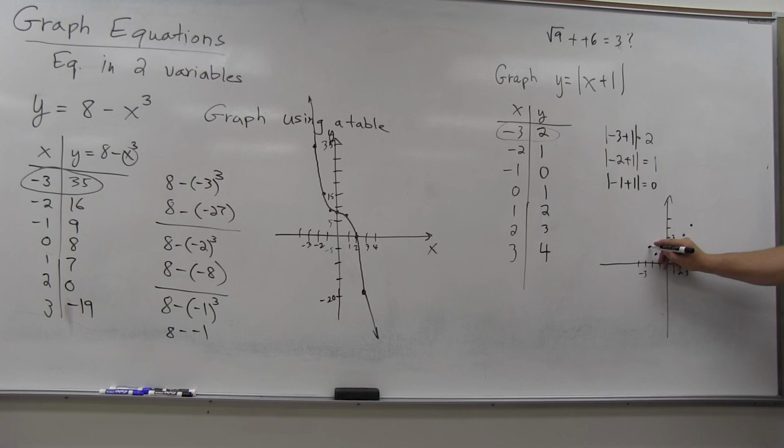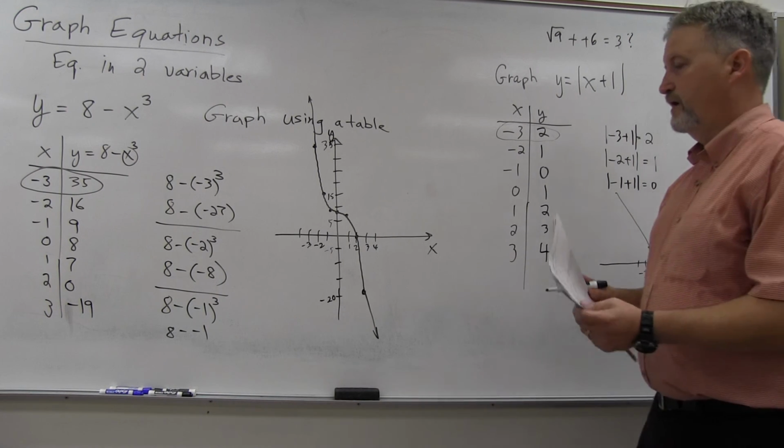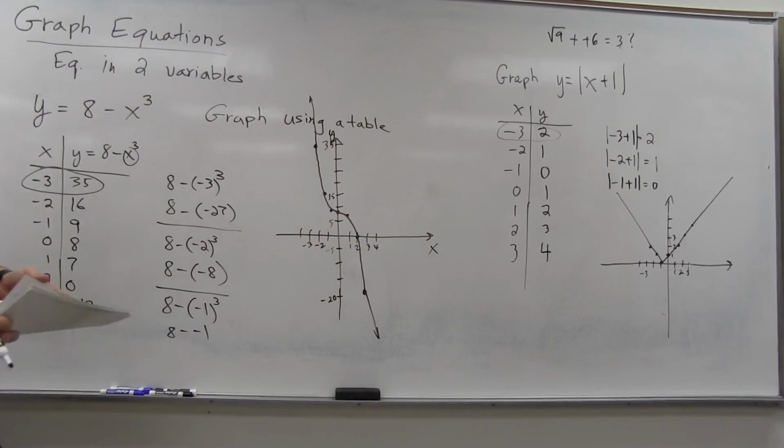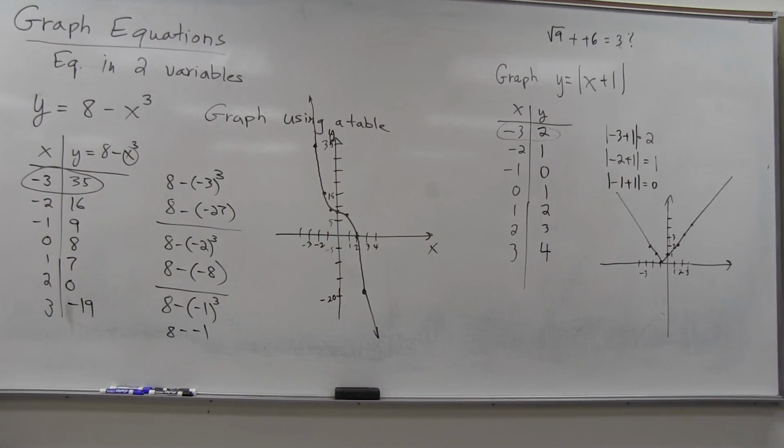So it looks like we got a V shape, and I think if we continue the pattern out here and check more, we've got a V shape. You may know more about this one right now than we're talking about, but the idea is just to get a little graphing in, and we'll go from there at a later date.